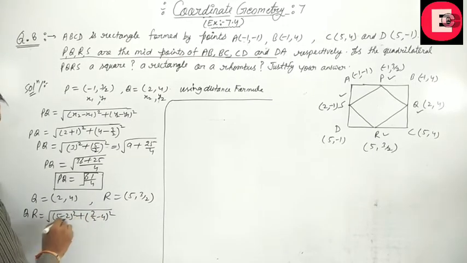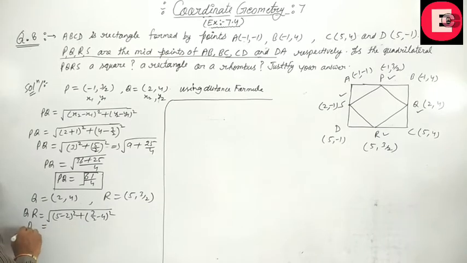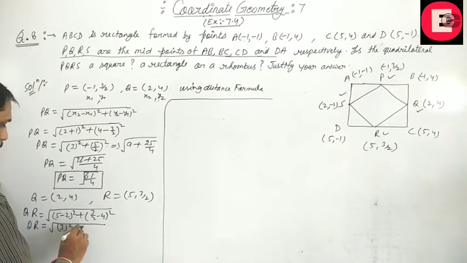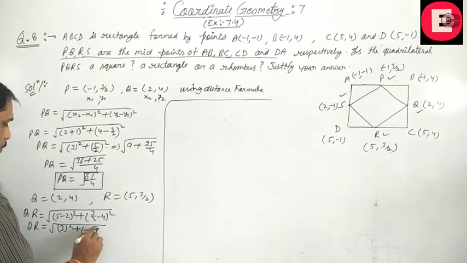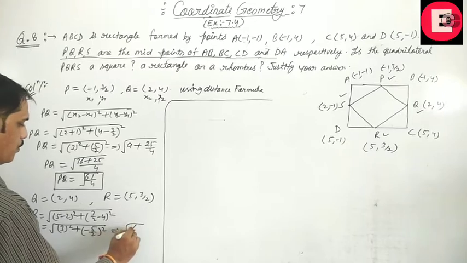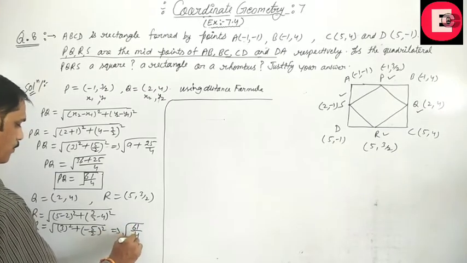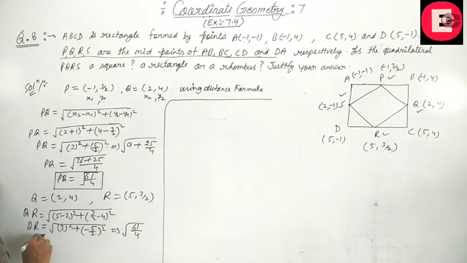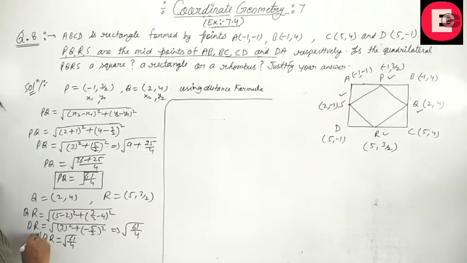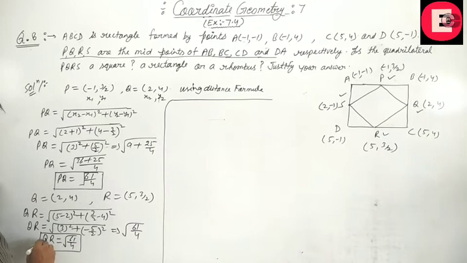Clear? So QR is equal to 3 squared plus (-5/2) squared, which is equal to 61/4. So we get QR is also the square root of 61/4 units.